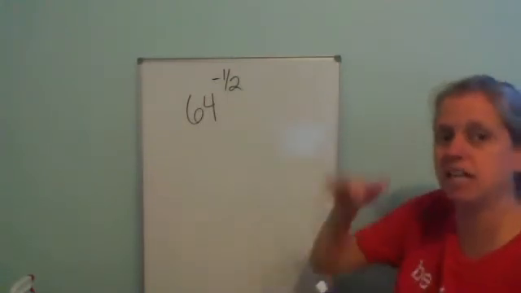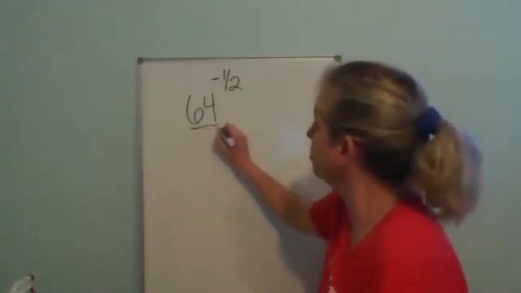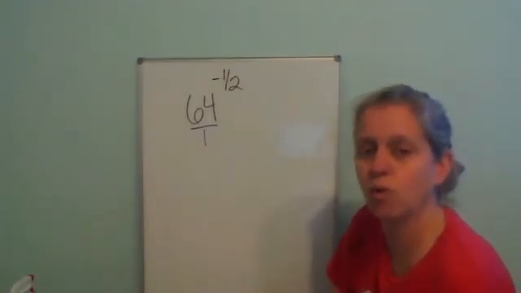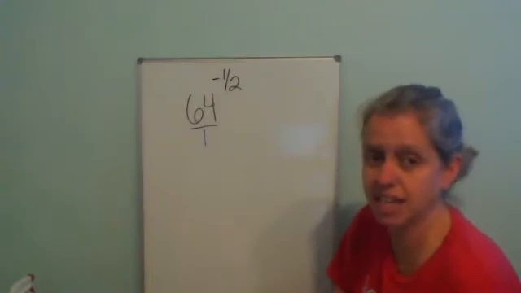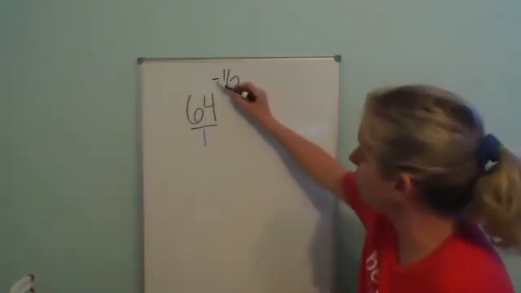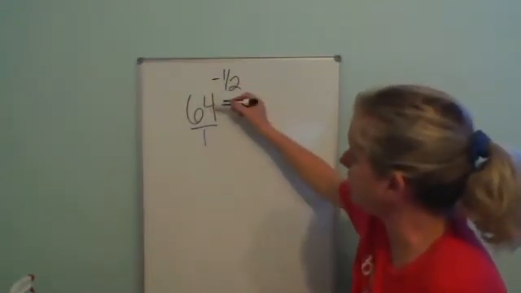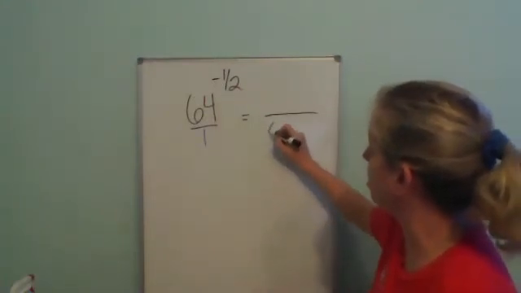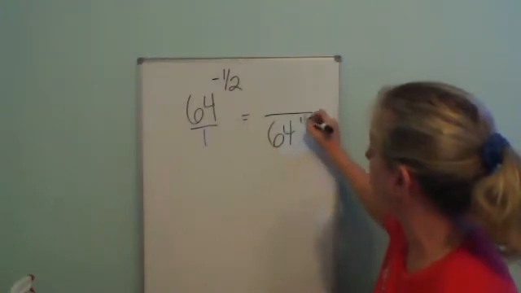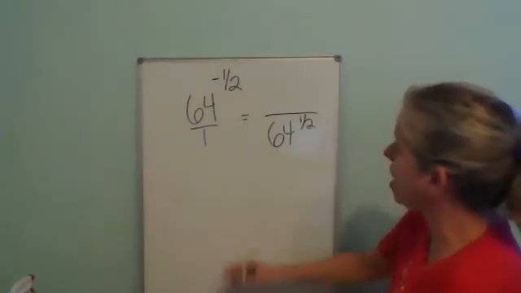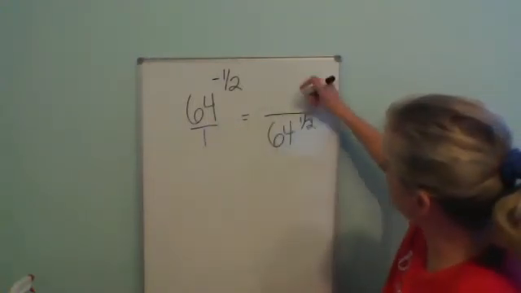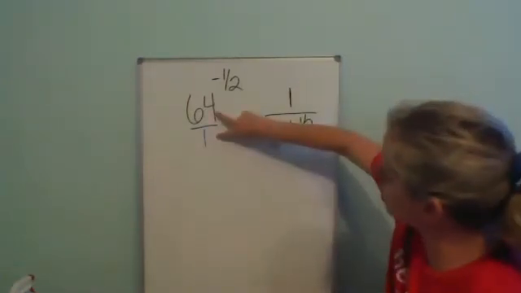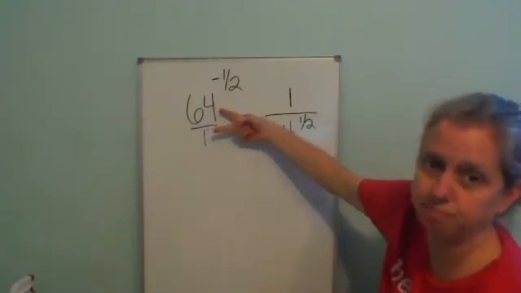Well, that's funny because I don't see a fraction here, which means I need to think of that 64 as being over 1, right? Because that's the same thing as 64. Well, if I am a number and I have a negative exponent, whatever's being raised to the negative exponent needs to go to the other side of the fraction bar. That makes its exponent positive. So if everything goes to the bottom, that means you're left with that 1 up top. You can just think of this as flipping upside down.